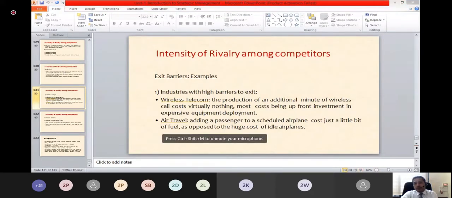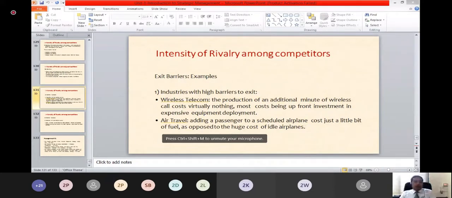So there can be a few examples, as I told you, of industries with high barriers to exit, where once established, it becomes very difficult to leave the industry.